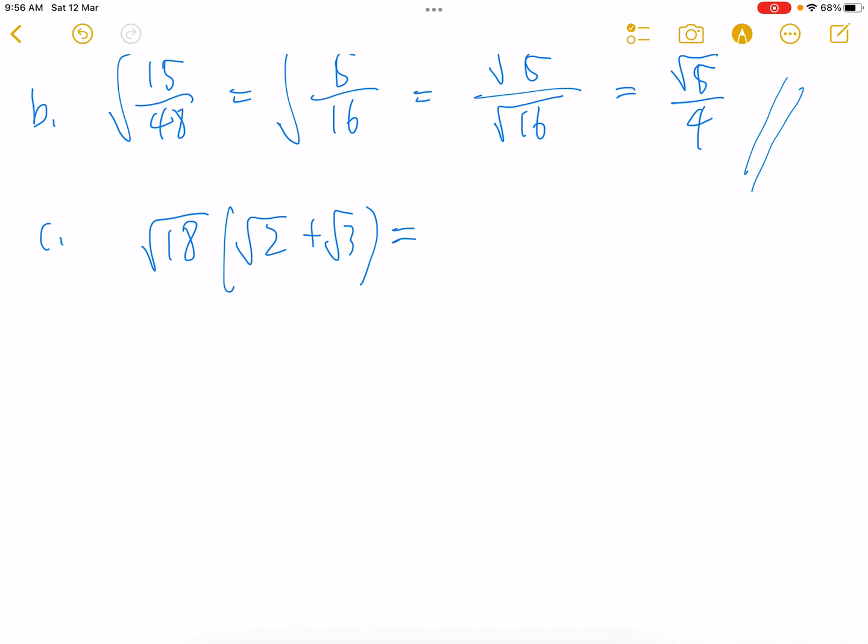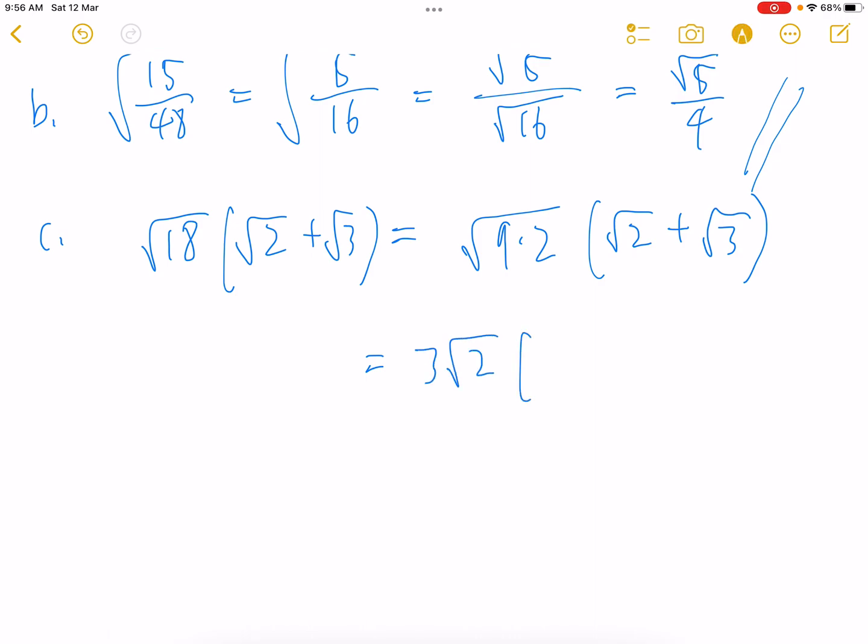So, root 18, you can write it in terms of a perfect square. Yeah, and that is 9 times 2 is 18. Times (root 2 plus root 3). And then 9 is a perfect square, the square root of 9 is 3.